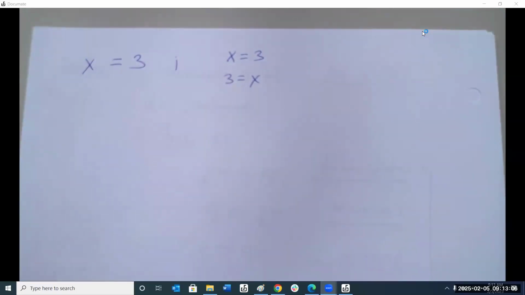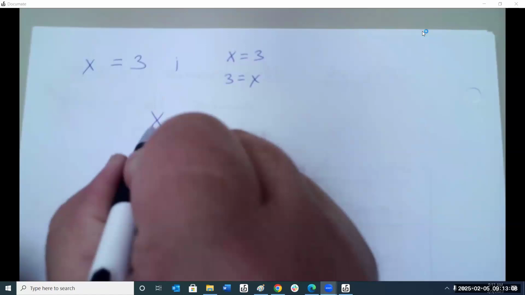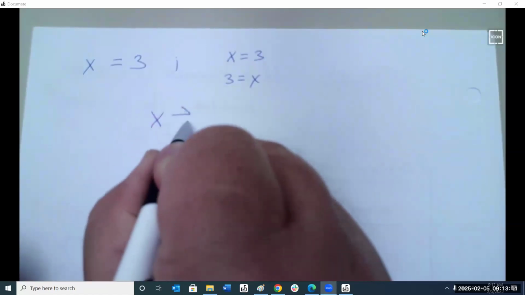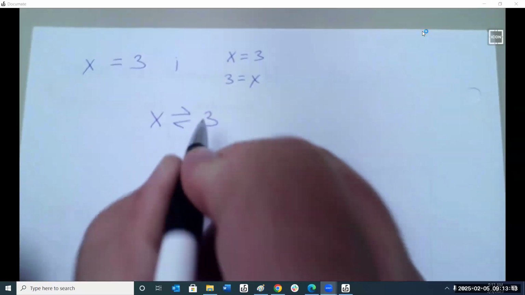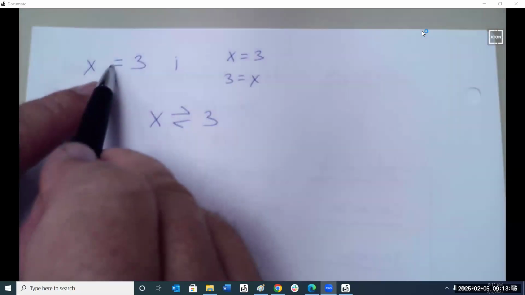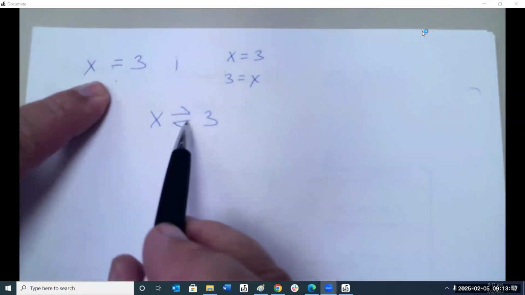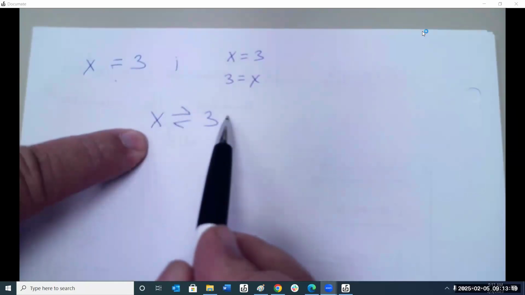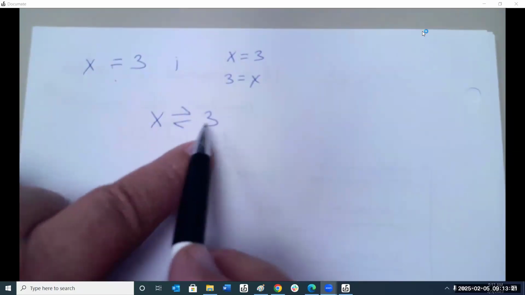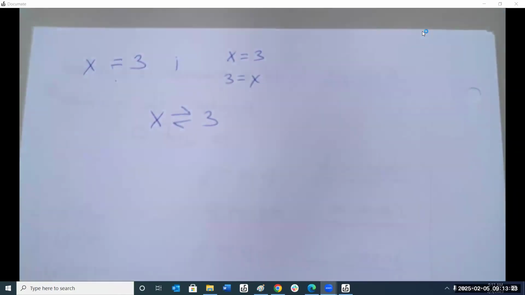If you ever took chemistry, you learned stoichiometry. The equal sign is really this: the left side has to be the same as the right, and the right side has to be the same as the left.